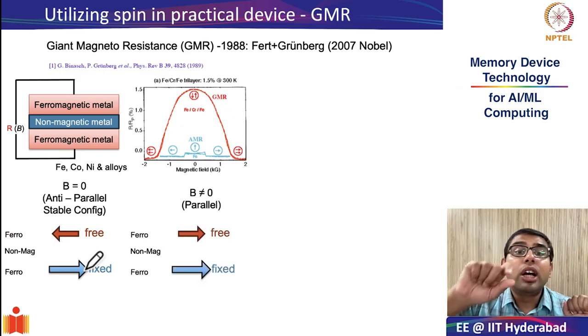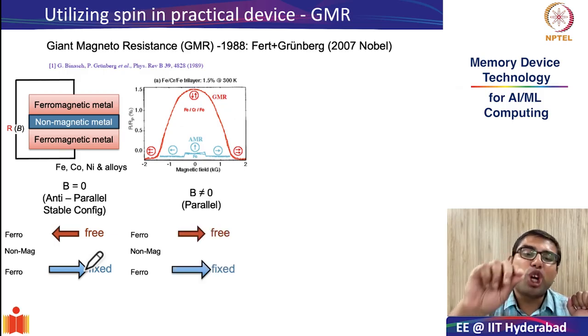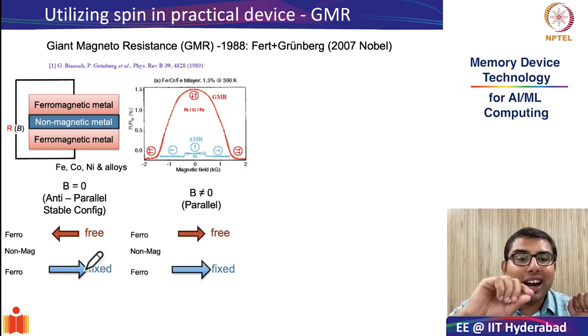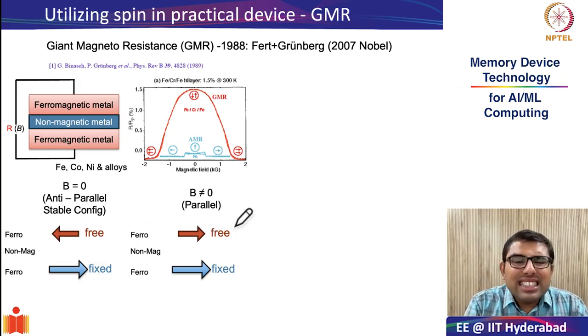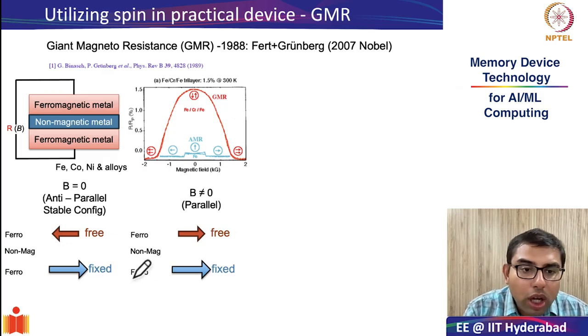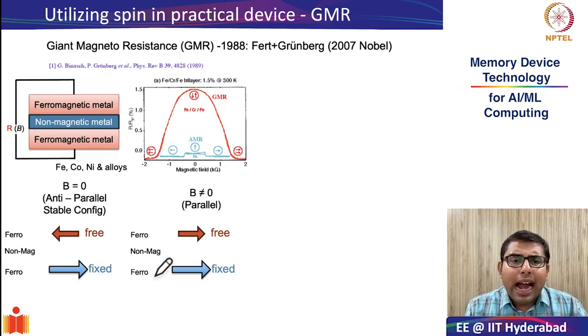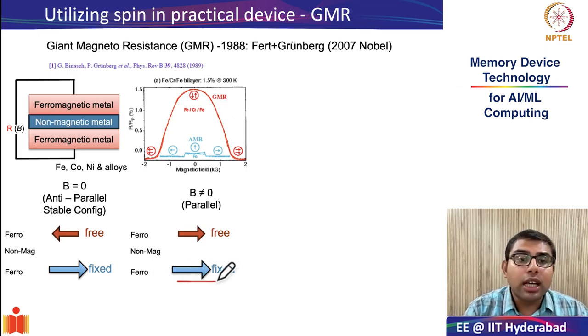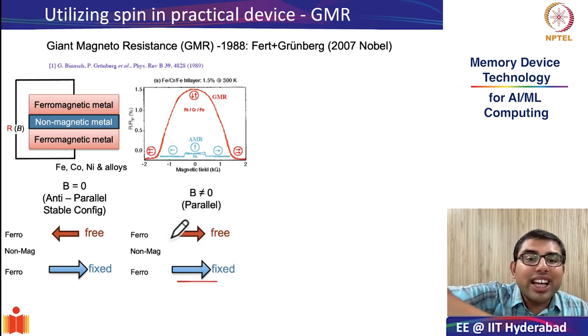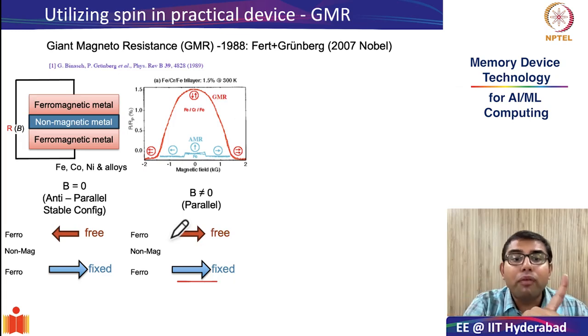Now what happens when you start applying an external magnetic field? It is natural that if this top ferromagnetic layer is slightly weaker as compared to the bottom ferromagnetic layer, and you don't apply a very high magnetic field such that even the bottom changes, naturally the configuration of the free layer will flip.